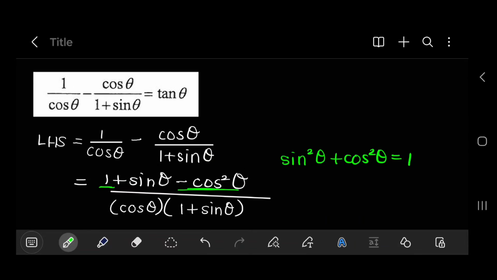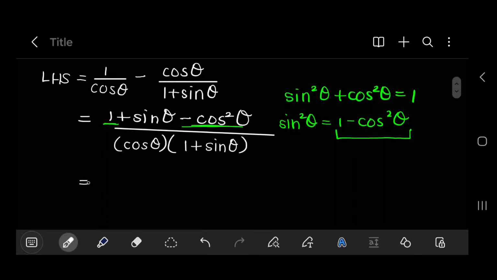If we manipulate this identity, we can keep the 1 on the right hand side, but let's take the cos squared theta over to the right, it becomes negative, and on the left we are left with sine squared theta. Now notice that what we have here on the right hand side matches those two terms. So we see that 1 minus cos squared theta is equal to sine squared theta.